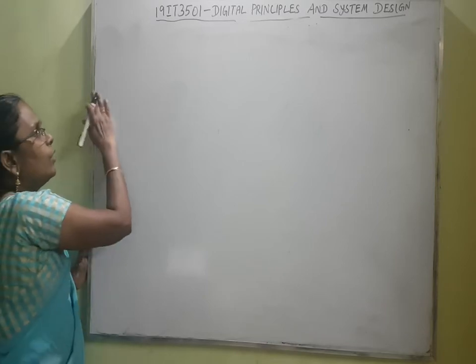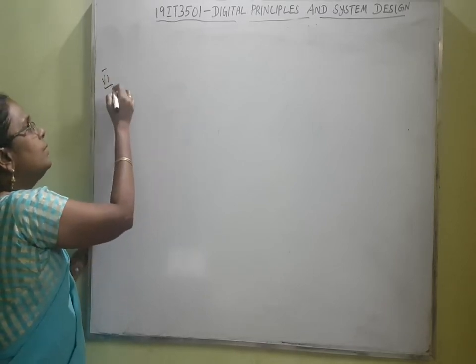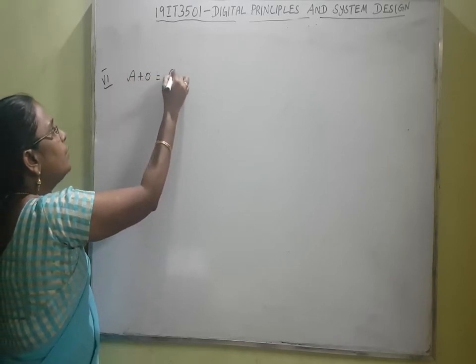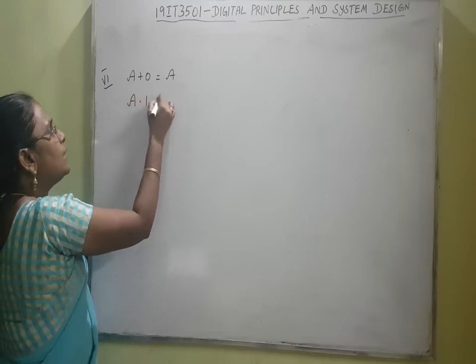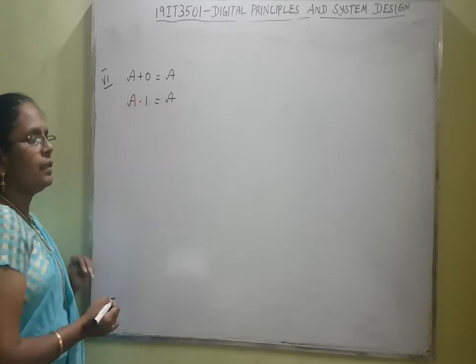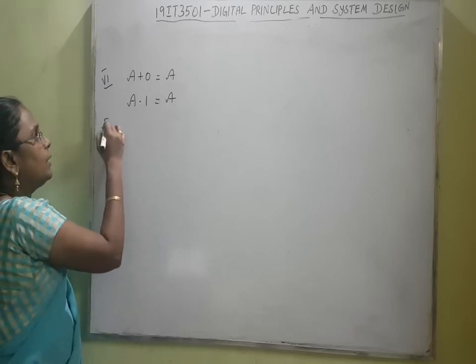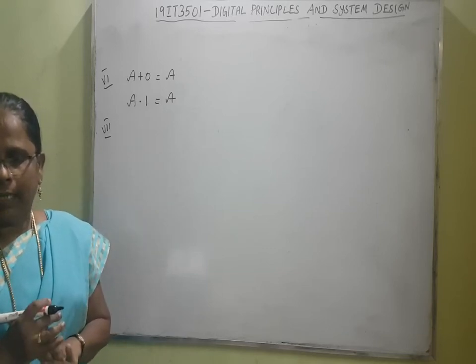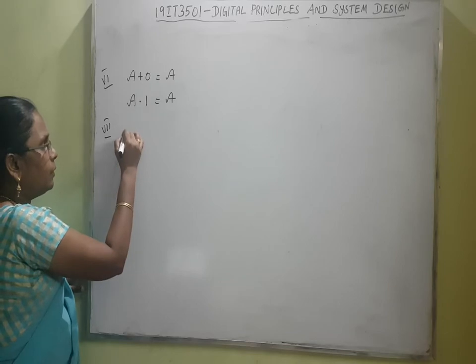Now we are going to see some more laws in Boolean algebra. That is the sixth law. Sixth law is A plus 0 is equal to A. Similarly, A into 1 is equal to A. And the seventh law is, anything plus 0 is equal to the same, and anything into 1 is equal to the same thing.